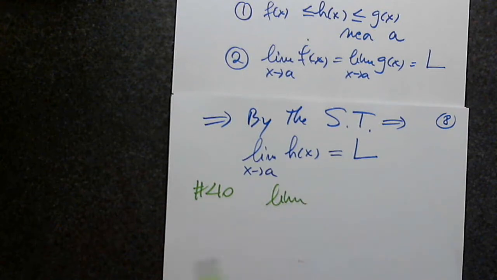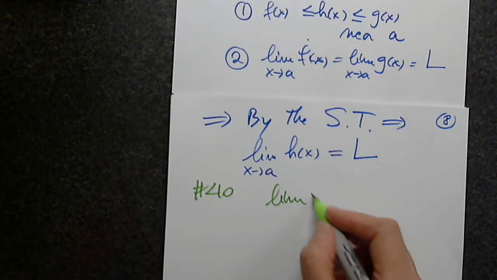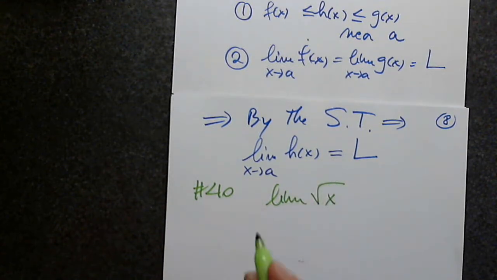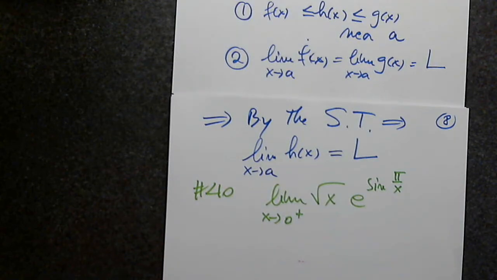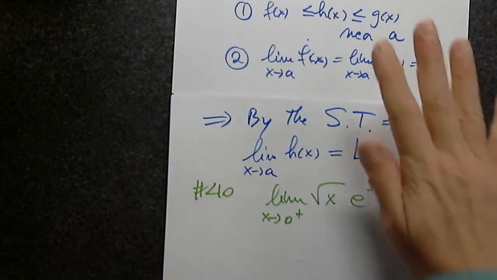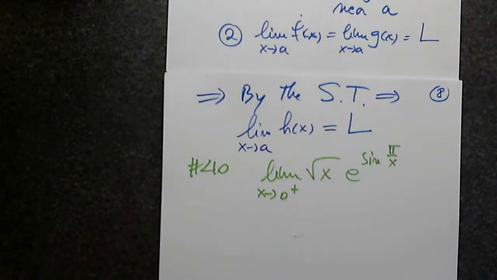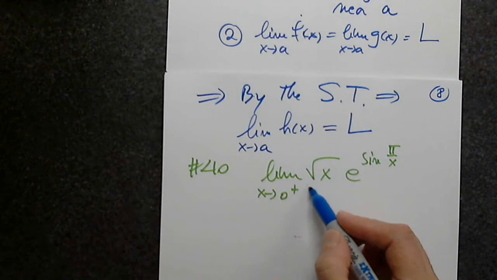We have the limit of the square root of x as x approaches 0 from the right, multiplied by e raised to sine pi over x. They want us to find this limit. What is the limit of this?